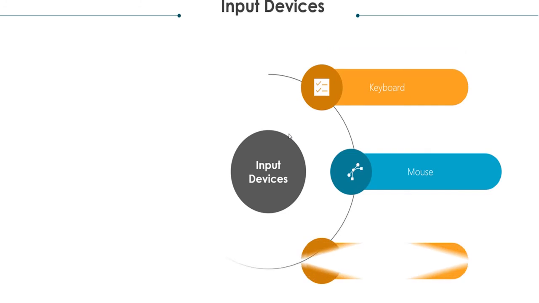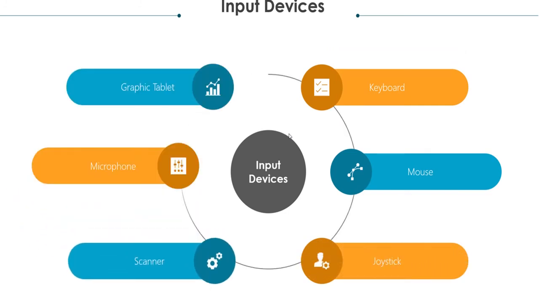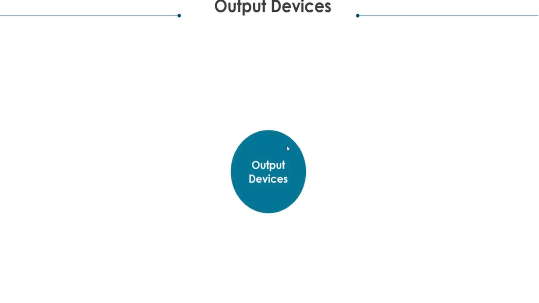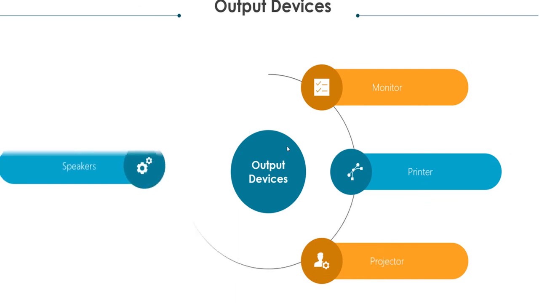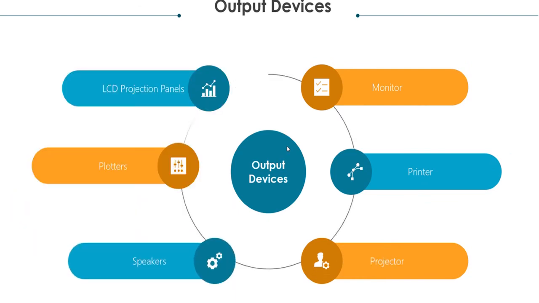Remember, I selected the record audio feature and I've kept it on click. You see now that's playing out. The output devices are monitor, printer, speaker, and projector.